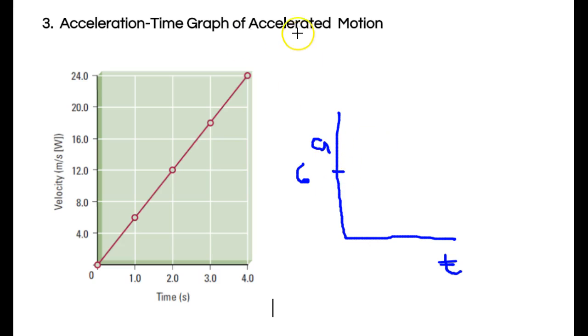Since the time interval is from 0 to 4 seconds, this is where my 4-second mark is, and for the entire time interval that's going to be a straight line. So my acceleration is 6 meters per second squared, which means that every second my velocity is increasing by 6 meters per second, and that's exactly what's being shown on this VT graph.